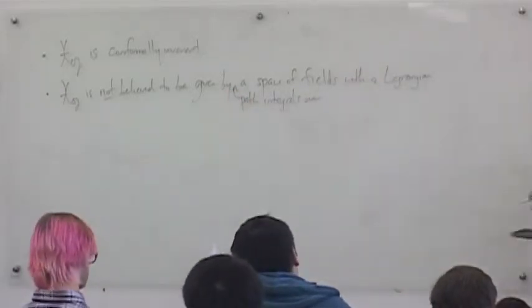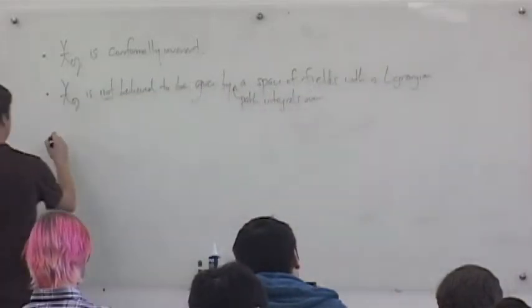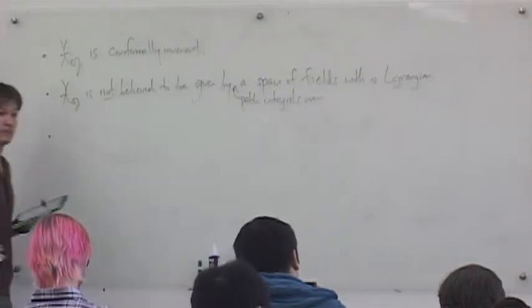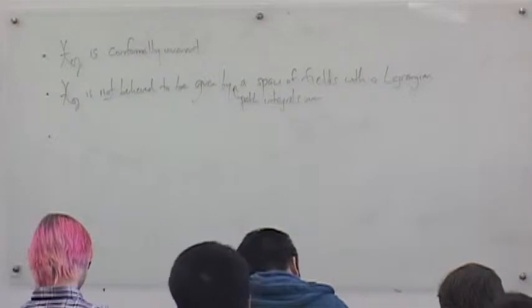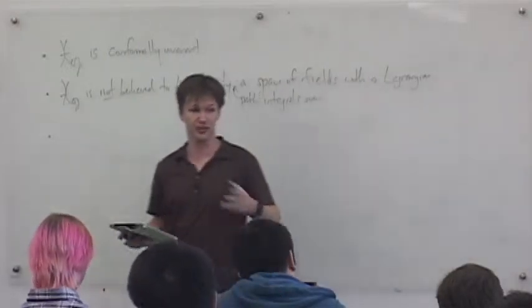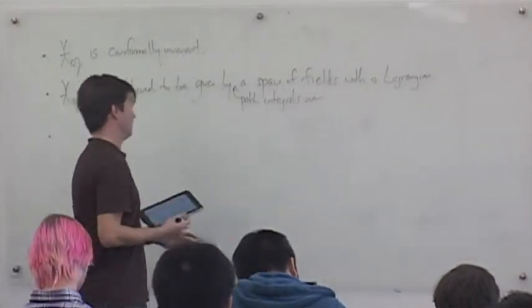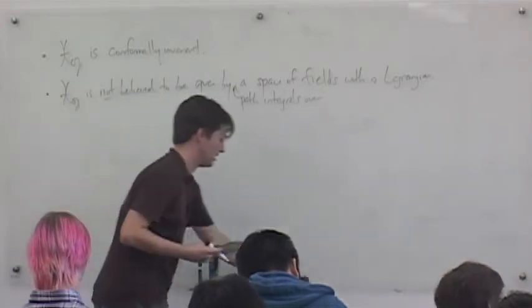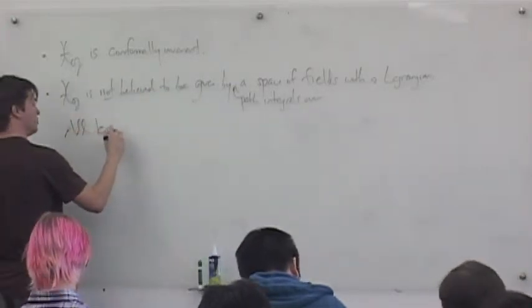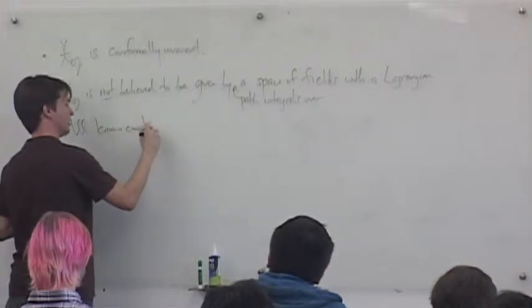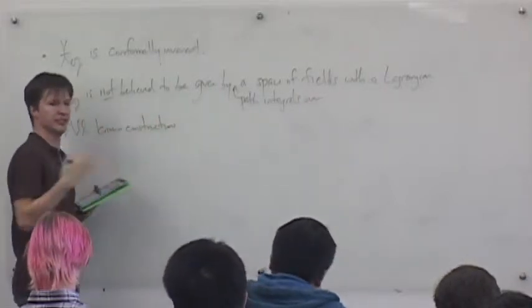Does it have a space of fields? No, it simply doesn't have a space of fields, as far as anyone knows. It just can't be defined in that way. So all known constructions: you can ask how people know that this theory even exists at all.